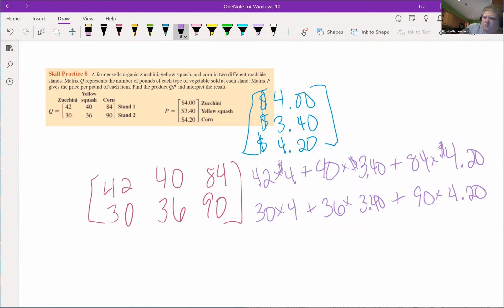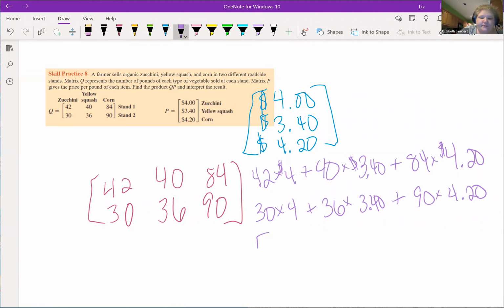All right, so when I take my pounds and I multiply it by the price per pound, what am I left with? Money. So this is money, money, money, money. How much money? There's my calculator already. 42 times 4 plus 40 times 3.40 plus 84 times 4.20.